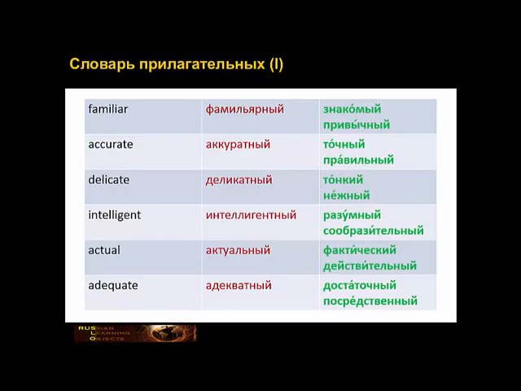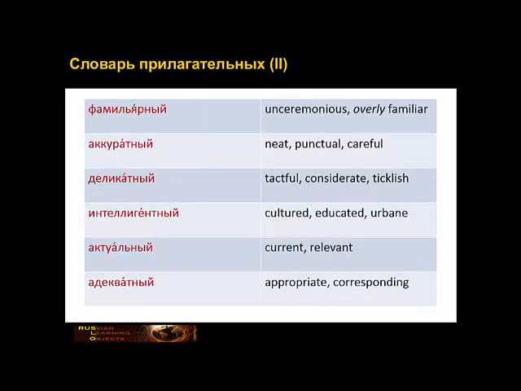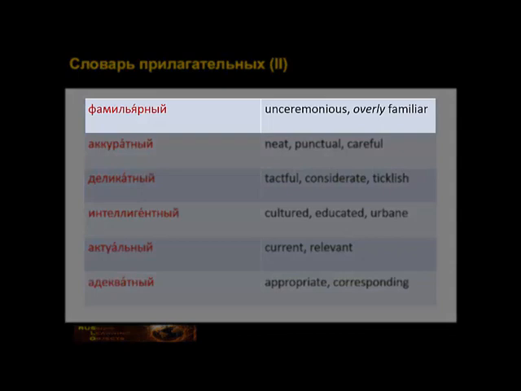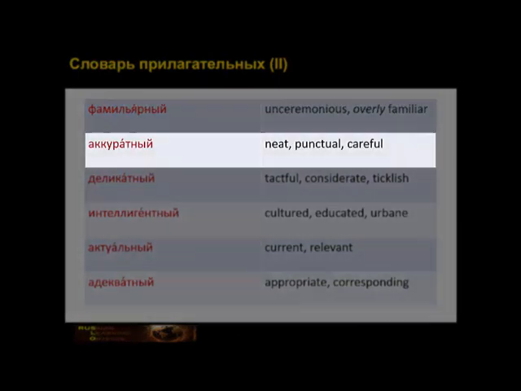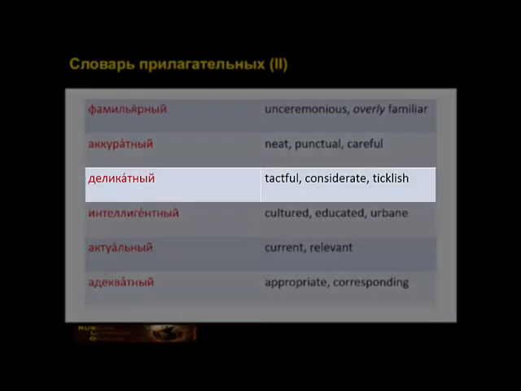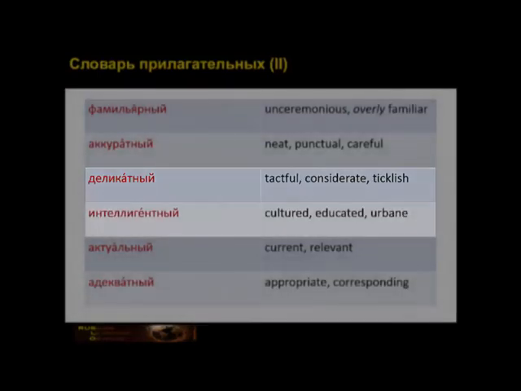As for the false friends, they are close in meaning, but subtly different from the English words. Take familiarny, for example, which means overly or inappropriately familiar. Аккуратный describes neat, punctual, or careful, aspiring to accuracy, but not strictly accurate. Delikatny in Russian refers to the subset of delicate that deals with people's feelings, so tactful, considerate, or in a rather different use of the word, ticklish.